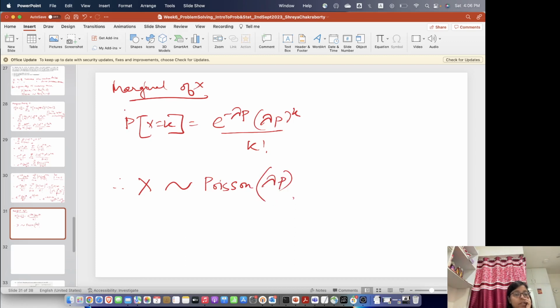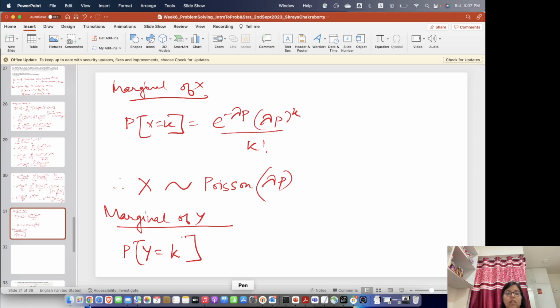Okay, so now if I have to find out the marginal of y, then also we have to write it in a similar fashion. Then probability y equal to, let's say I'll write it as k prime, or we can also write k.